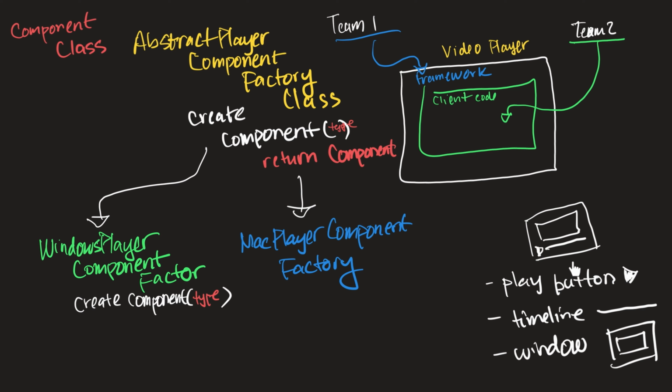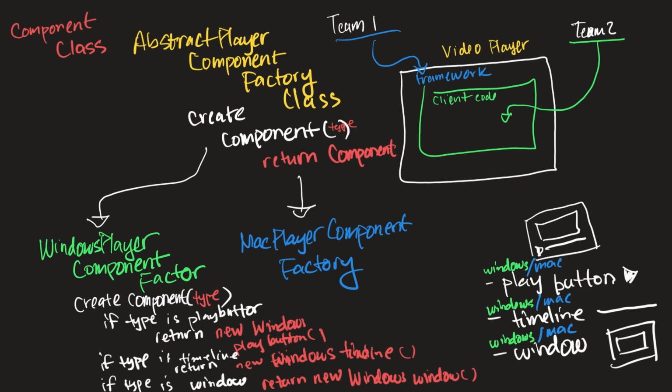So actually, we're going to have classes for Windows play button, Mac play button, Windows timeline, Mac timeline, Windows window, Mac window. Just to be clear, there would be a total of 6 classes here, and all of them are going to be subclasses of component.